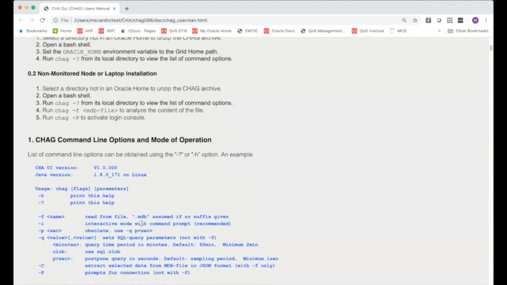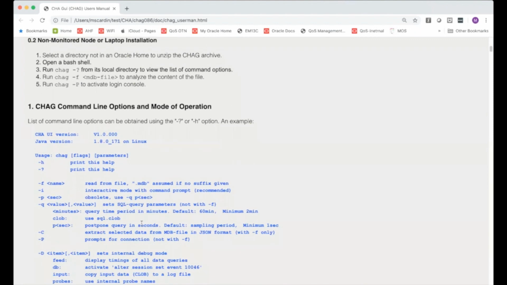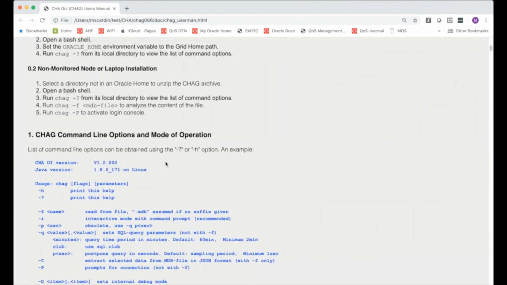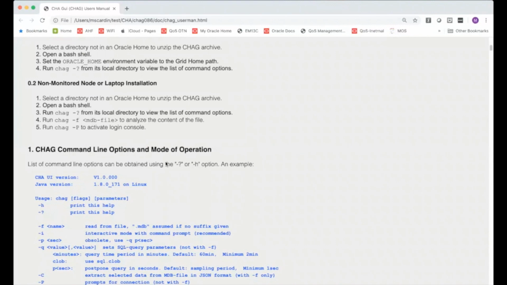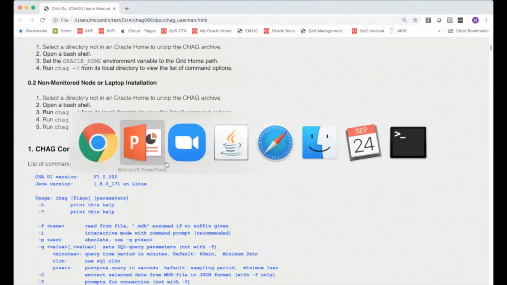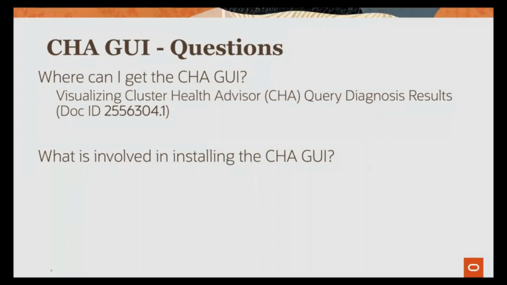He needs to set the LD library path. And obviously he needs X running on that machine because this uses Java Swing and a GUI interface, right? Yes. Which not all customers have on their database machines. True. Okay.